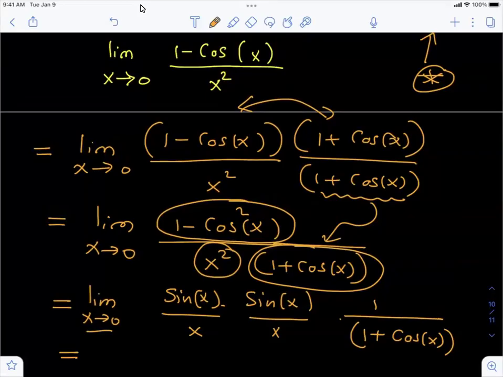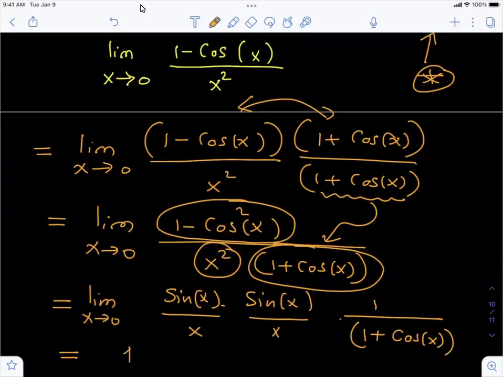When x goes to 0, you have this component going to 1, this component going to 1, both are coming from the same tool, and then this component is heading towards a direct plug-in. When x goes to 0, it's going to be 1 over 1 plus cosine 0, where cosine 0 is going to be 1.